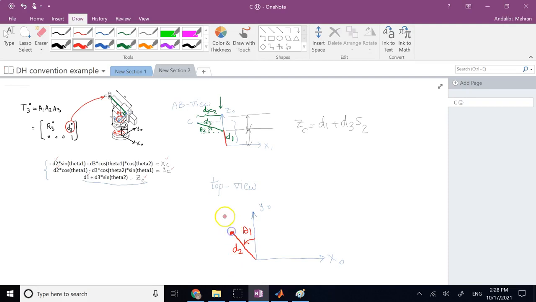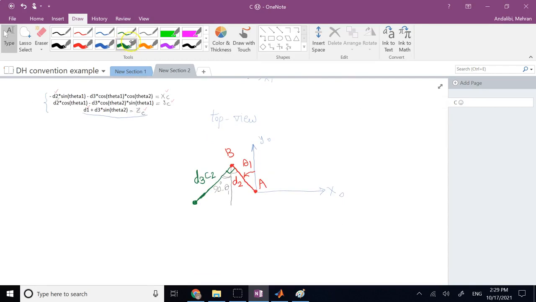So this is point B, this is point A. And then BC is perpendicular to AB like this. The length of it that I can see from the top is d3 cosine theta 2. And clearly here, if I want to find the angle of this member, if I draw this vertical line, that angle is theta 1. So this angle is definitely 90 degrees minus theta 1.